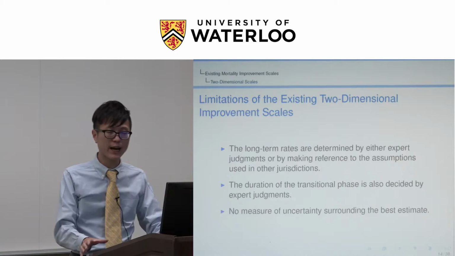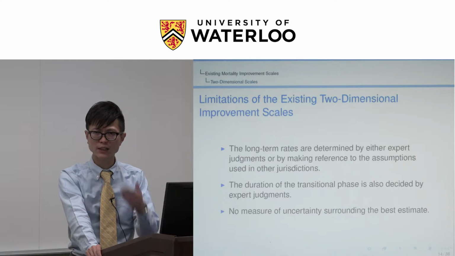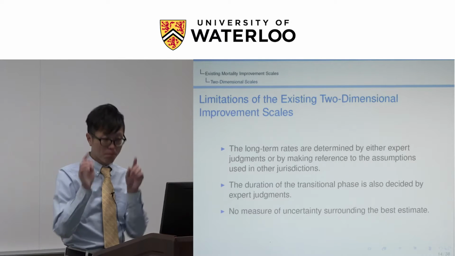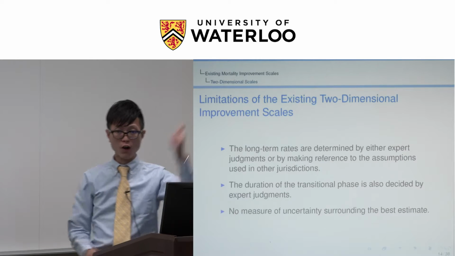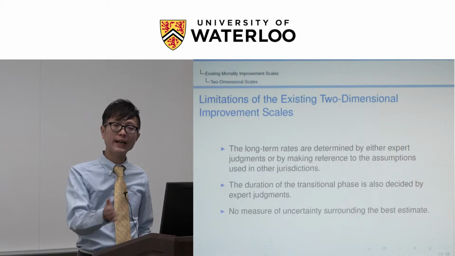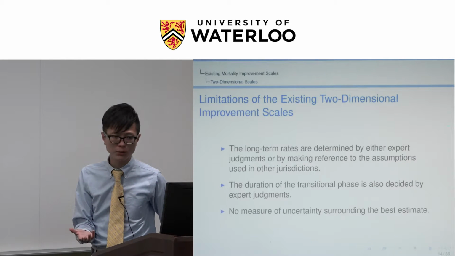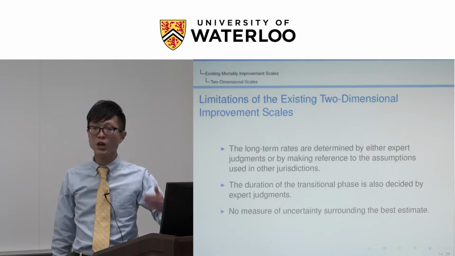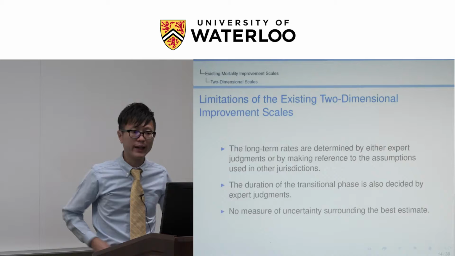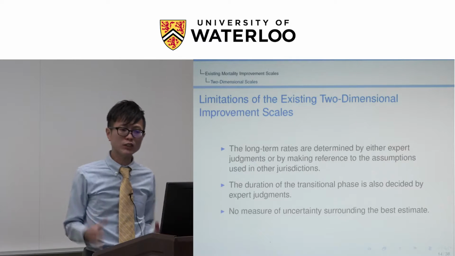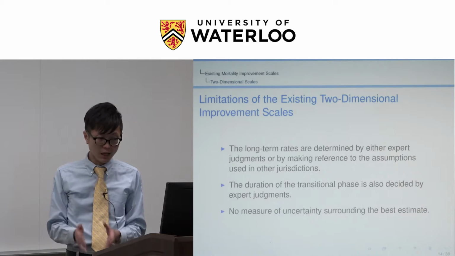These two-dimensional scales are obviously more flexible than one-dimensional scales such as scale AA, but they're still subject to some limitations. First, the long-term rates in the previously mentioned scales are determined by either expert judgments or simply by making reference to the assumptions used in other jurisdictions. Secondly, the direction of the transitional phase is also decided by expert judgments only.